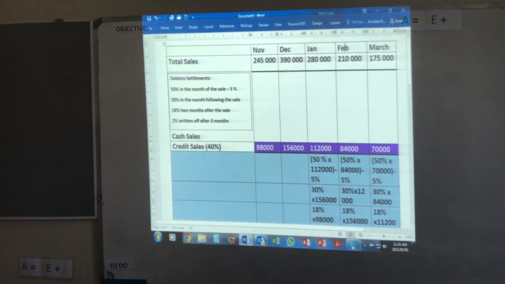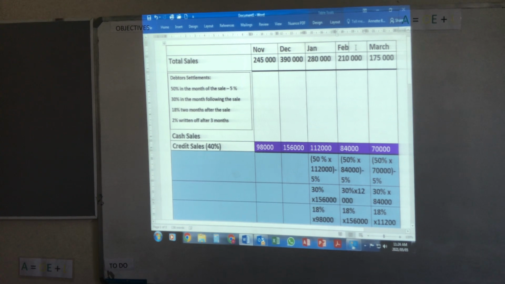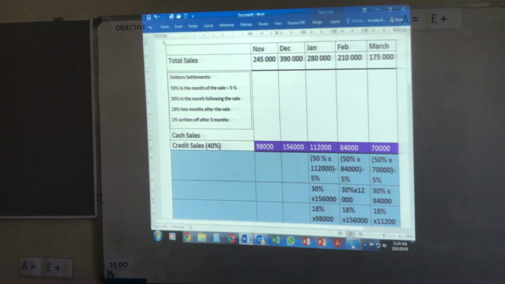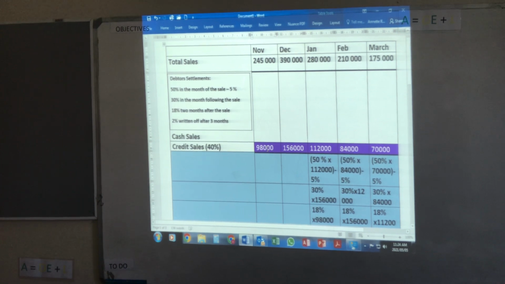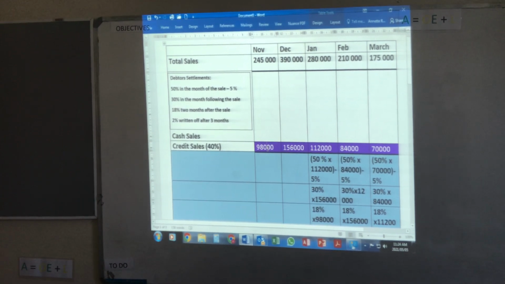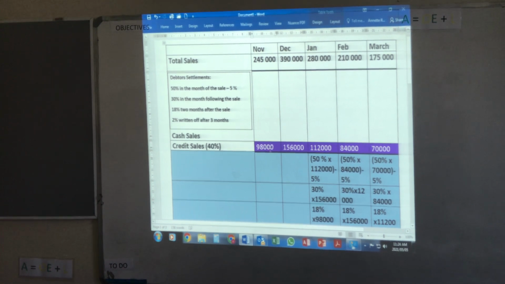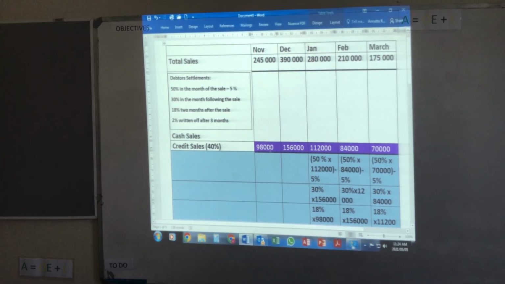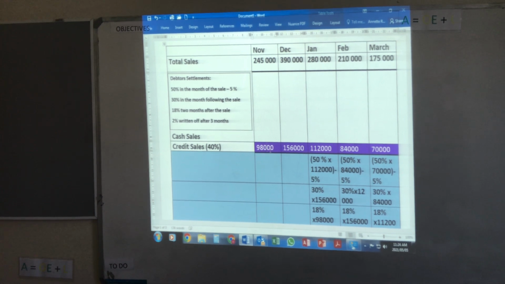There's 1, 2, 3 months back. In February, we are not going to receive 2% of the 98,000. Do you understand that? Everyone. But since it's a collection, it's not in this table. Collection is what we receive. But you could be asked, what is the amount written off in February and in March?